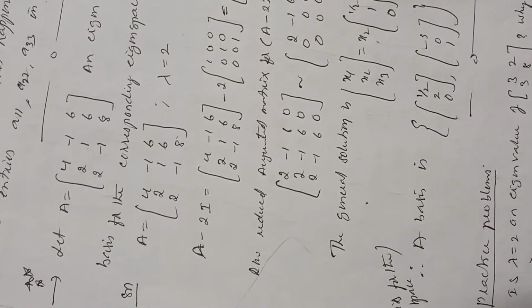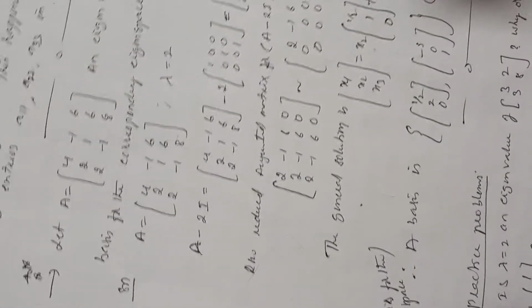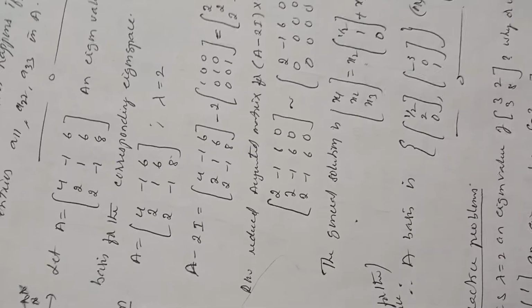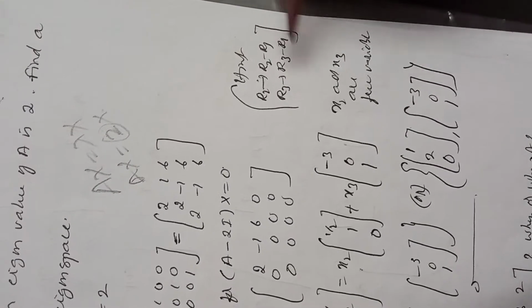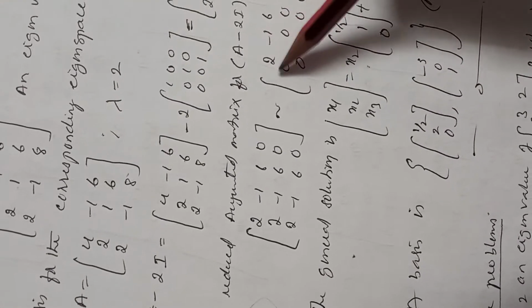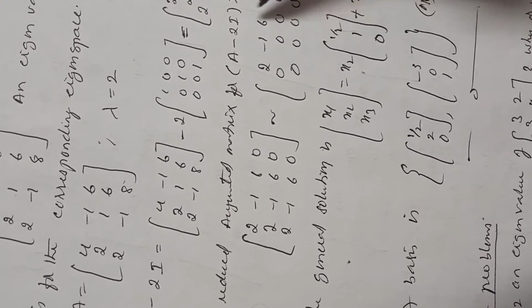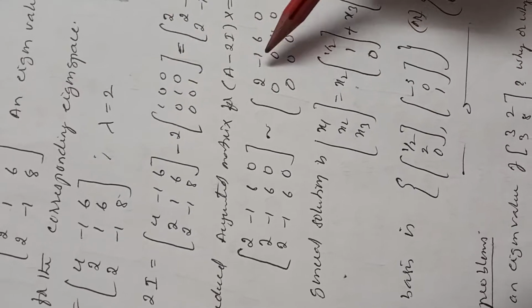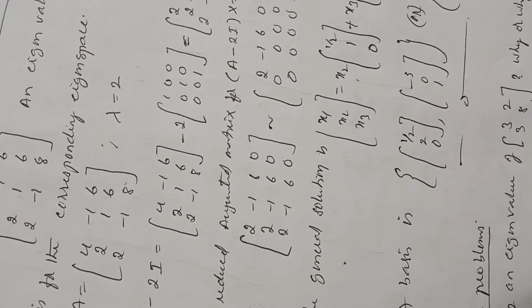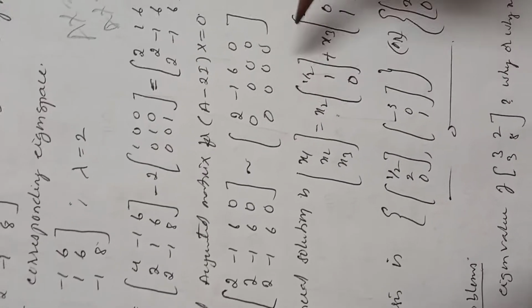We add a zero column here, and then apply row transformations: R2 changes to R2 minus R1, R3 changes to R3 minus R1. This one we get. Now this is multiplied by x1, x2, x3 and equated to 0. 2x1 minus x2 plus 6x3 is equal to 0. There are two zero rows, no need to solve.